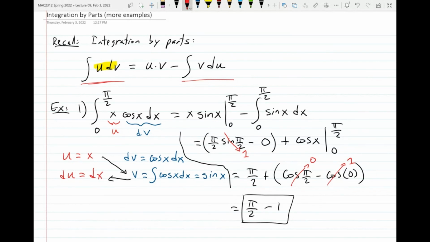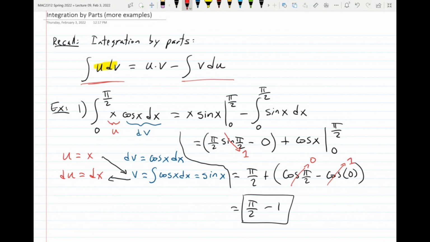Here, there are two choices really. u is either x or cosine. If I had picked u to be cosine, that's not going to change the situation too much because du would be sine, and cosine and sine are pretty much the same thing. The problem is that if I let dv be equal to x dx, now my v would be x squared over 2.